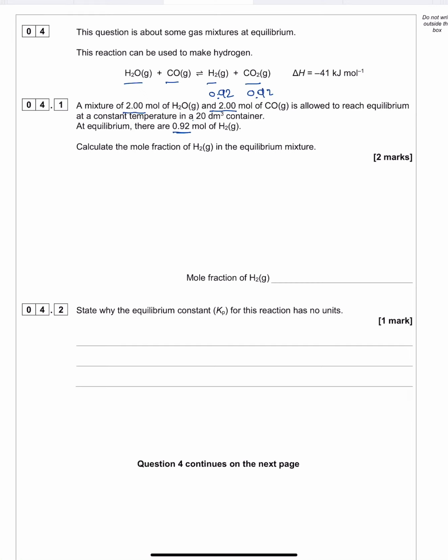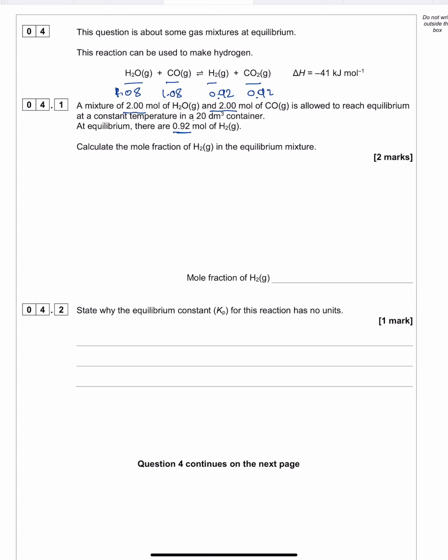Then we can calculate the moles of both the water or steam and carbon monoxide at equilibrium. That will be the total minus the 0.92, so it's 1.08. And that applies also for carbon dioxide, 1.08, because it's 1 mole to 1 mole.